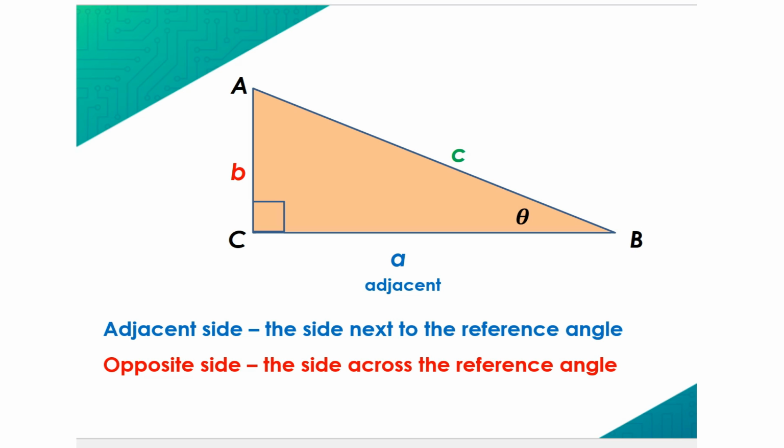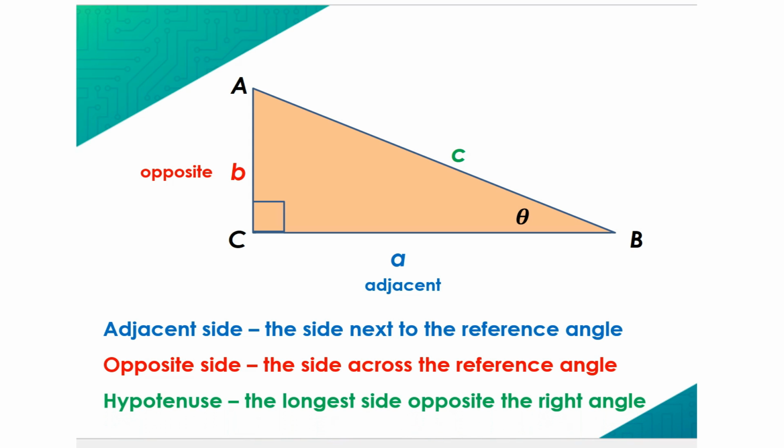So since our reference angle here is B or angle theta, the side opposite this angle is B. For the hypotenuse, this is the longest side opposite the right angle. The right angle here is C. So the hypotenuse is C.